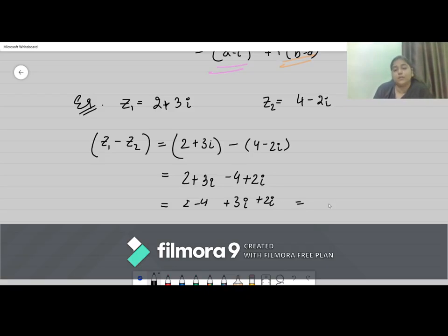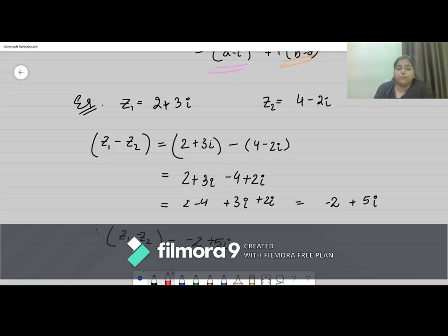What do you get? Minus 2 plus 5 iota. Therefore, z1 minus z2 is what? Minus 2 plus 5 iota.